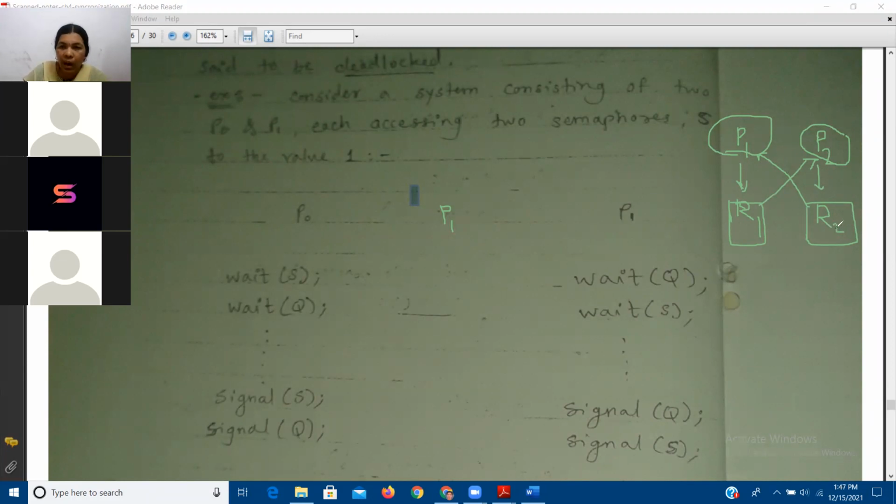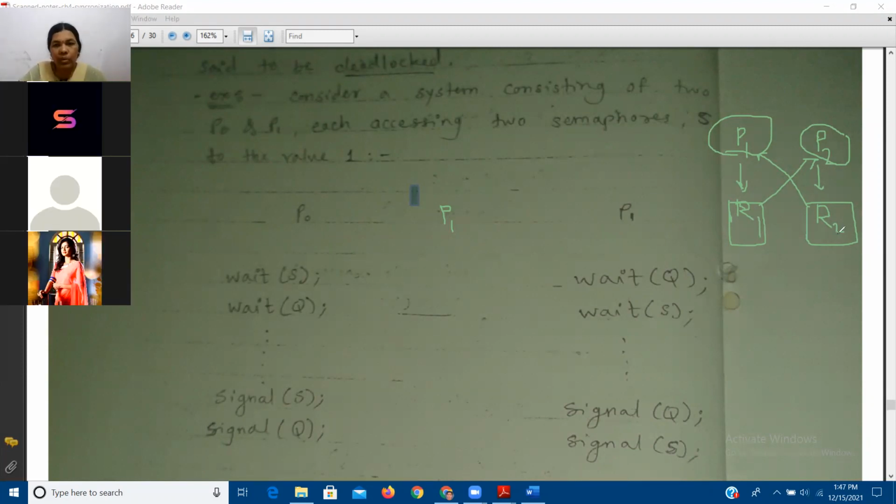So here R2 is assigned to P1 and R1 is assigned to P2. So P1 is waiting. So P1 is requesting R1. So for R1, you may assume the semaphore variable S, and for R2, it may be Q. So like that.